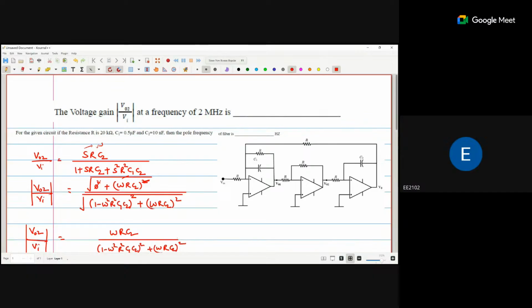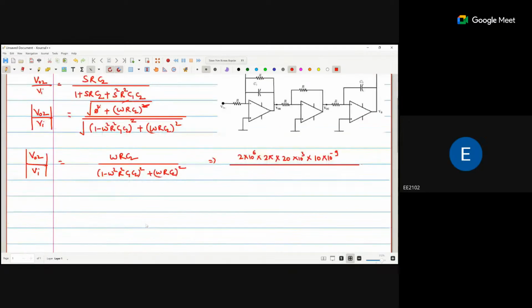Now put the values. Omega is 2 pi into 10 raised to power 6, multiply by 2 pi, multiply by R which is 20 into 10 raised to power 3, multiply by C2 which is 10 into 10 raised to power minus 9.